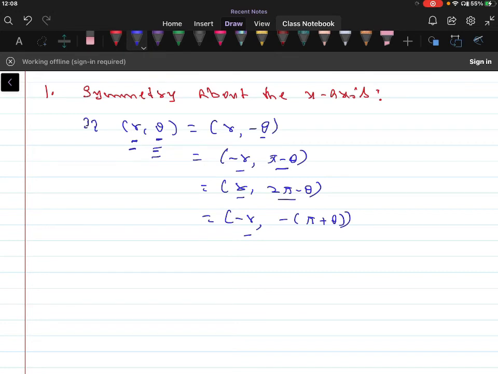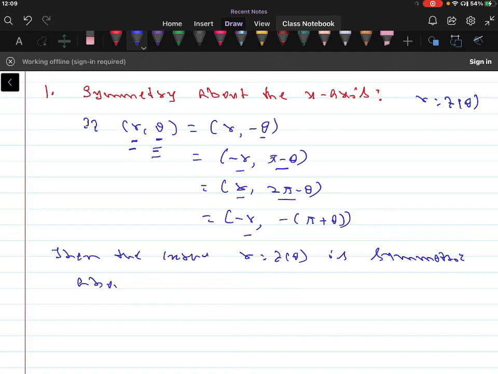If there is no change in the polar curve r is equal to f of theta, then the curve r is equal to f of theta is symmetric about the x-axis.